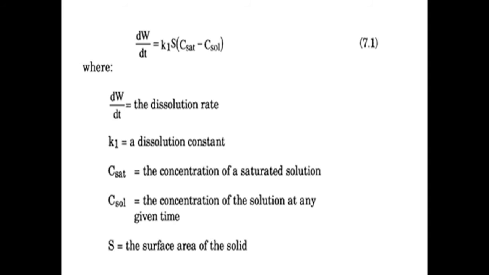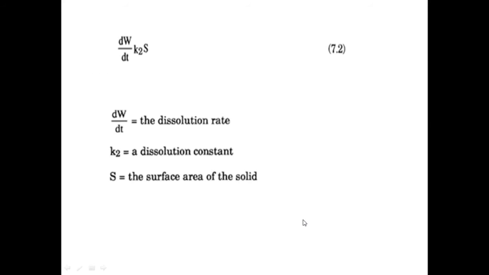When sink conditions are achieved, C saturated, the concentration of the saturated solution, is much greater than C solution, the concentration of the solution at any given time. The equation simplifies to dW/dt = k2 S, where dW/dt is the dissolution rate, small k2 is a dissolution constant, and capital S is the surface area of the solid.